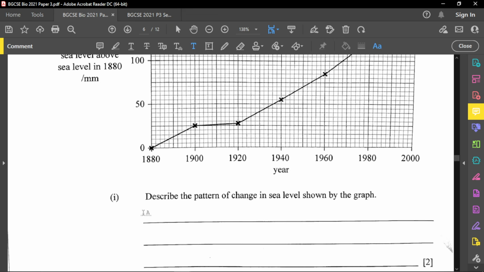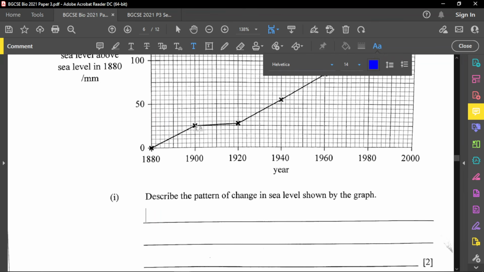Notice from 1880 to 1900, there is a rapid increase. I'm going to say a rapid increase from 1880 to 1900.